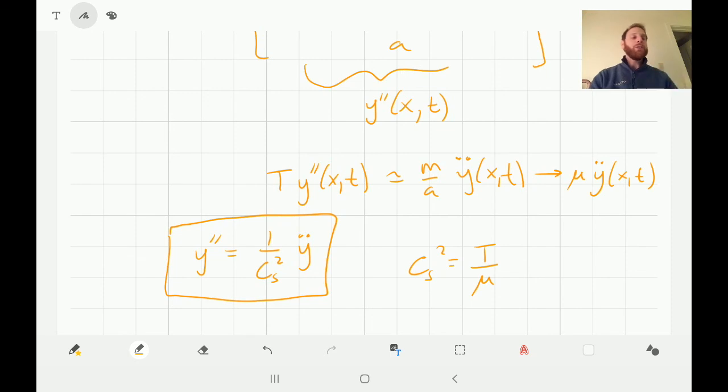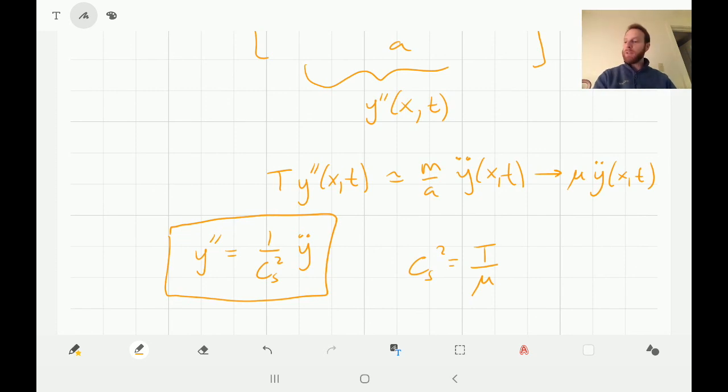This is the only thing that you can construct out of the tension, the mass, and the separation between the masses that has units of speed, or in this case, speed squared. So the speed of a propagating wave grows with the tension of the string. That is certainly true in my own experience, and it also grows if you make the amount of mass per unit length smaller.